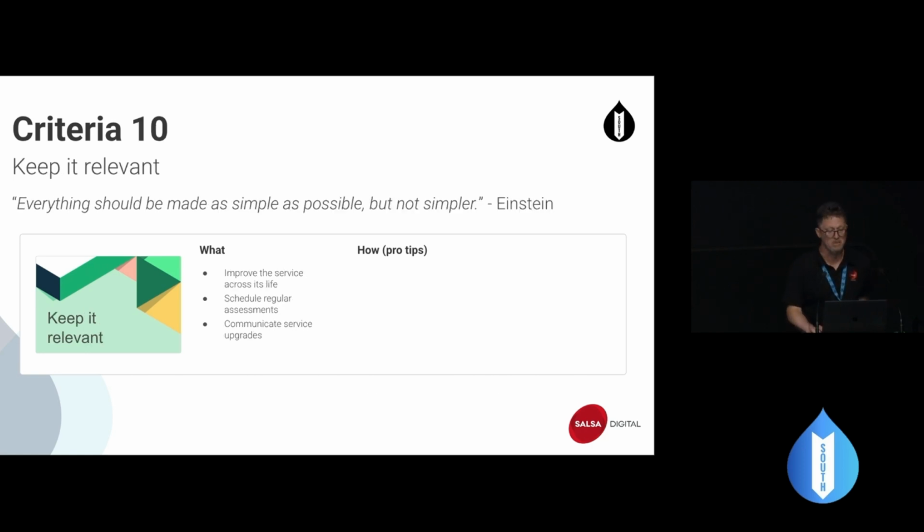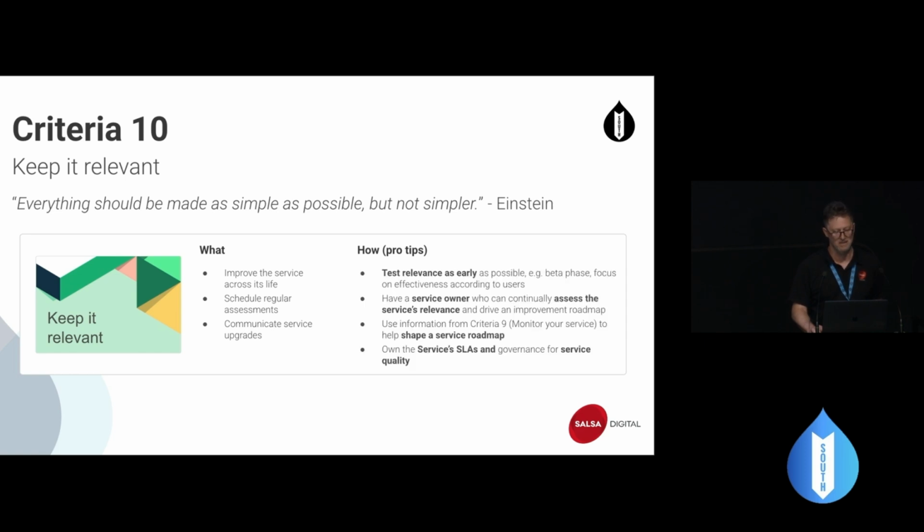Criteria 10 is keep it relevant. From the standard, you'll see things like improve the service across its life, relate assessments. In terms of how to practically do this, test relevance early. Use the beta phase to test effectiveness. Again, put the service relevance in the remit of the service owner.